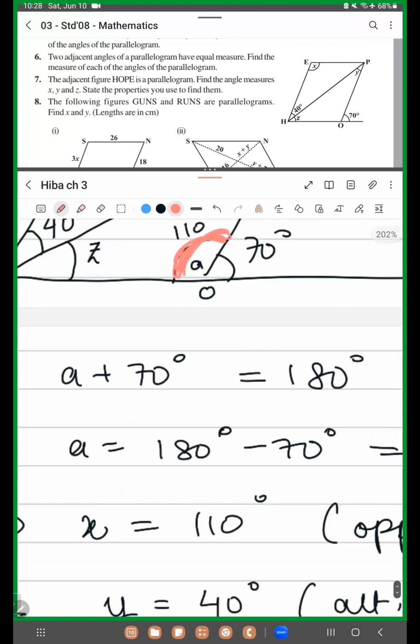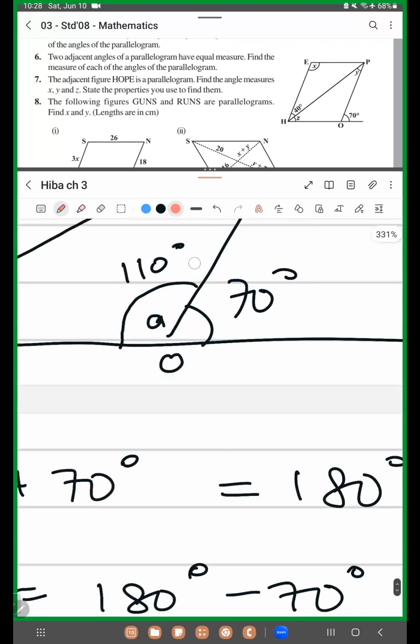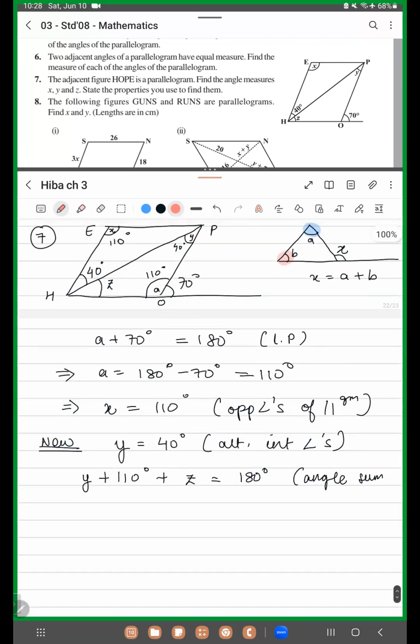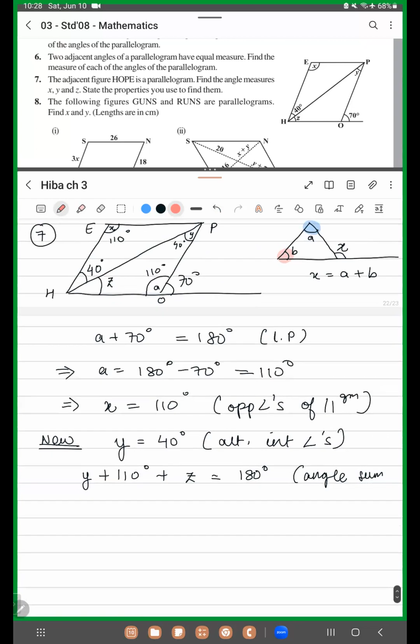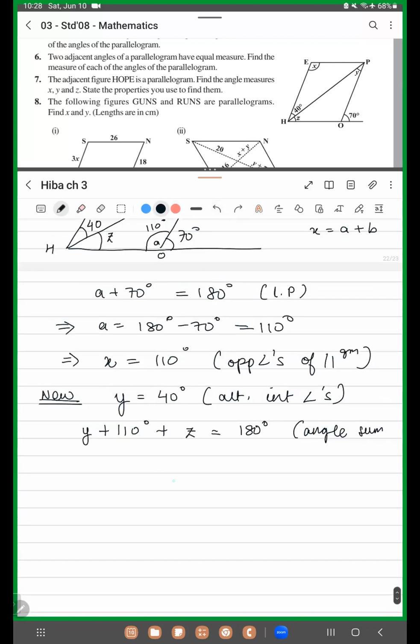But I'm confused. There is no angle beside Y, so do we have to name that angle? Hiba, just because they haven't marked something doesn't mean there's no angle. This is obviously an angle, right? If I make a line segment, how many points does it have?